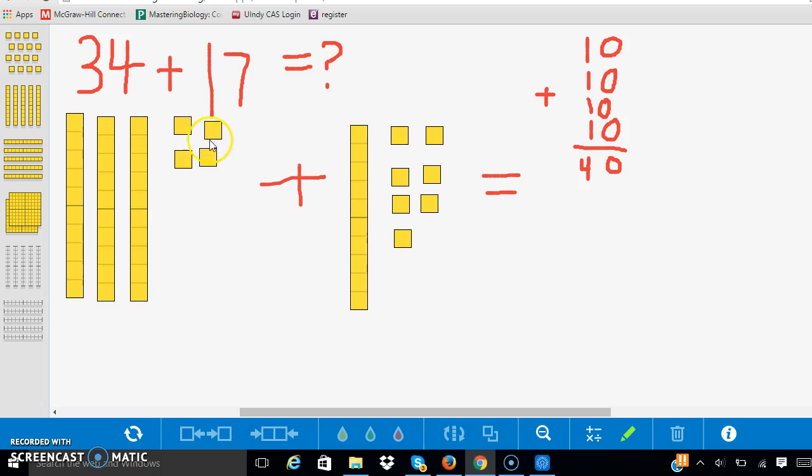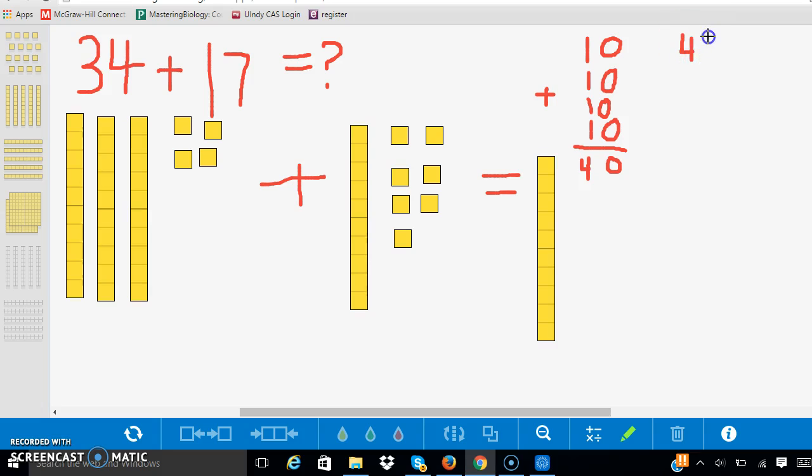And since there are 11 unit pieces, we're going to have another rod because the number is over 10. So to our answer, we're going to have one rod, and we're going to go ahead and write out 40, which is the rod pieces, plus 11, just so you know what it would still look like with numbers.